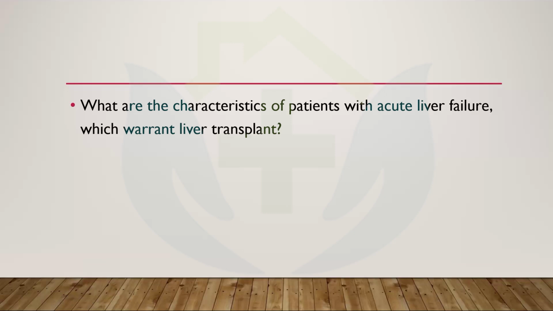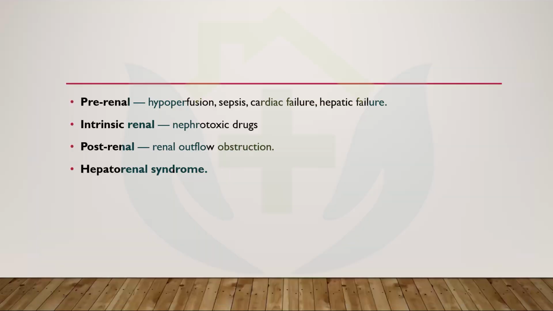See, in previous years, before 2016 or 17, I think there was a system of marking where answers were marked as per their priorities. Like in this question, I'll try to tell you. In previous exams, the marking system was, if four answers are there: pre-renal, intrinsic renal, post-renal, and hepatorenal, but the most probable was hepatorenal.